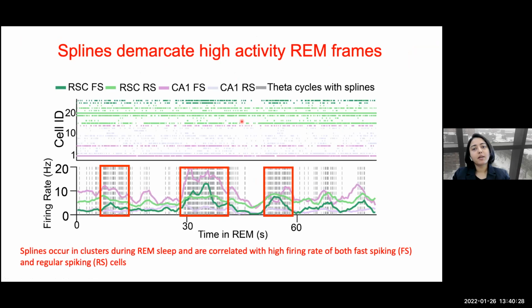So splines demarcate high activity REM frames. And here you can see that in a single REM epoch, splines occur in clusters denoted by these dotted gray lines. And these clusters are correlated with increased firing rate of both fast spiking and regular spiking cells.